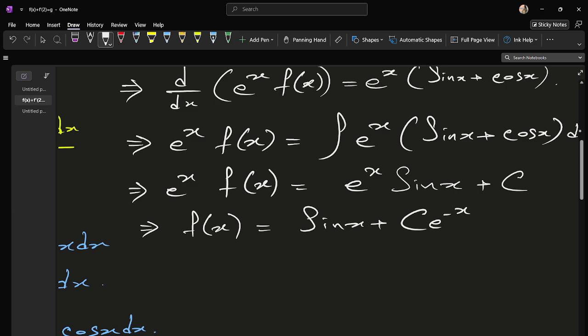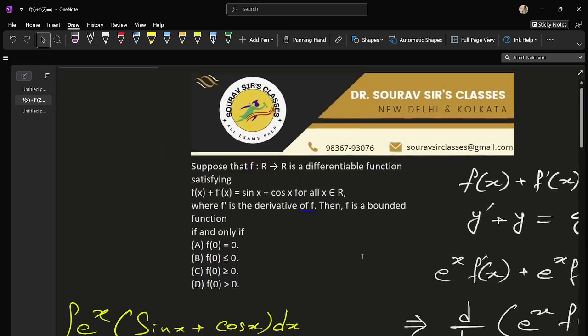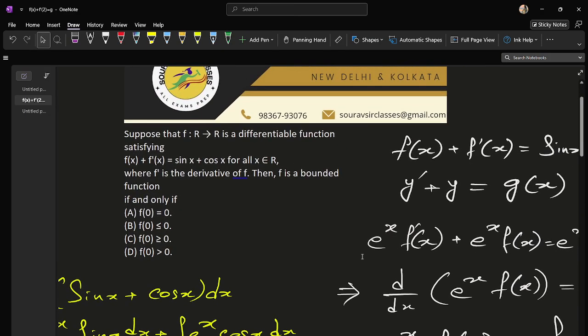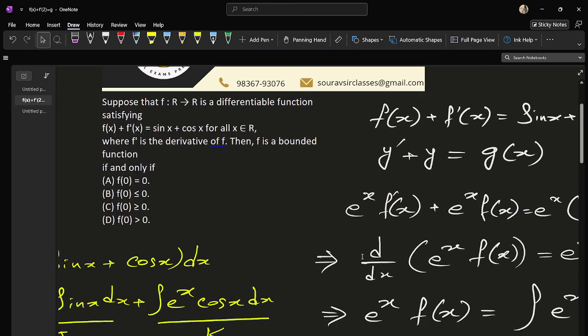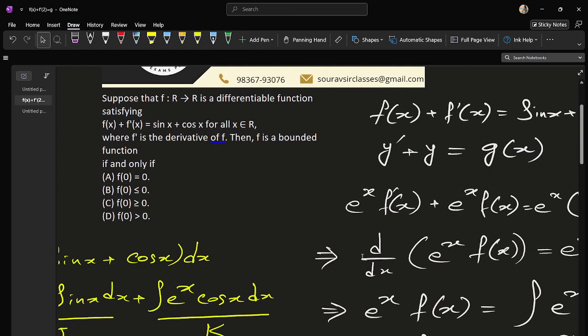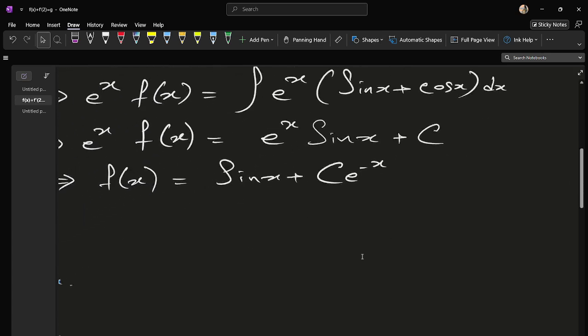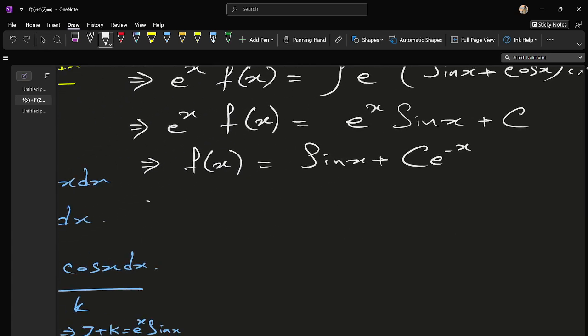Then what is our c? We have to think about initial conditions. Okay, there are no initial conditions, so we have to think only for f(0). What is our f(0) here? f(0) will be sin 0 plus c times e to the power minus 0.